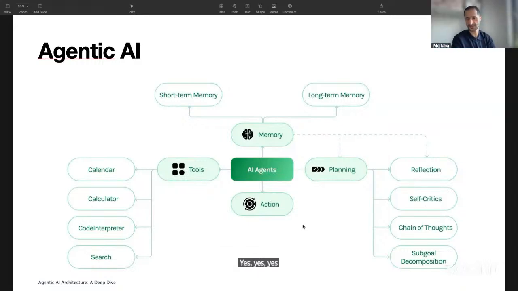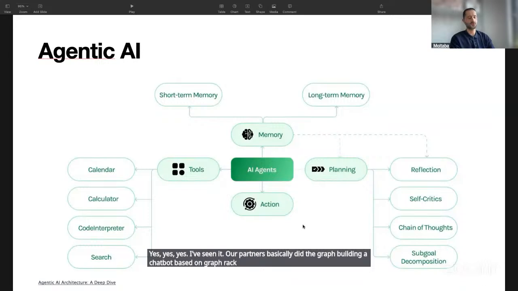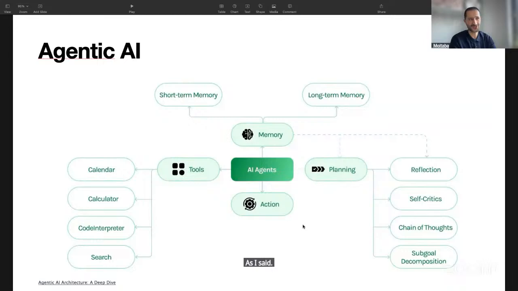Our partners built a chatbot based on graph RAG. But what we learned from them is that it took some time for them to get that graph RAG right. As I said, it depends on how patient your business is and how you can convince them. But building that ontology, you can benefit a lot from that, I would say.